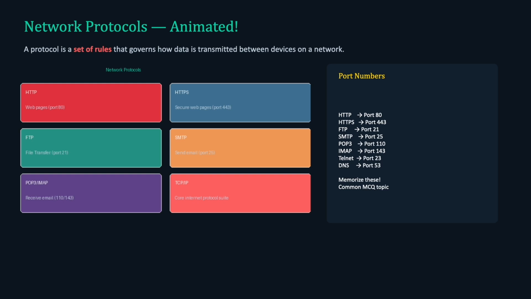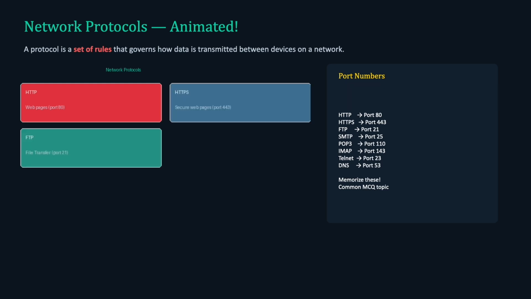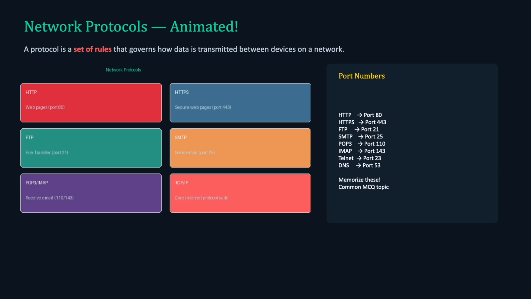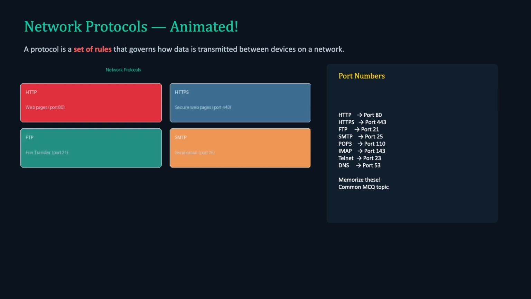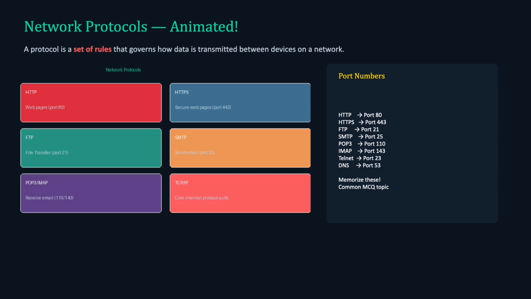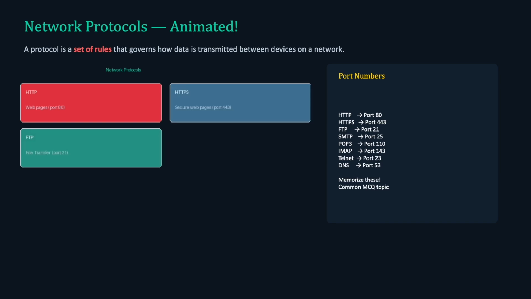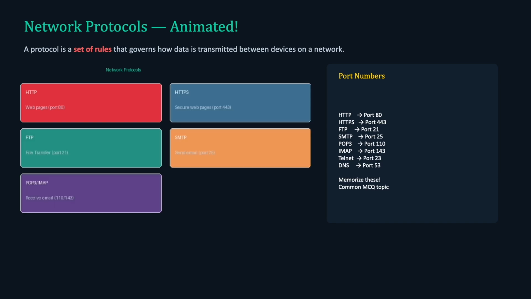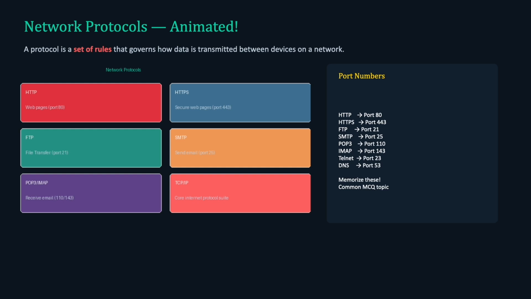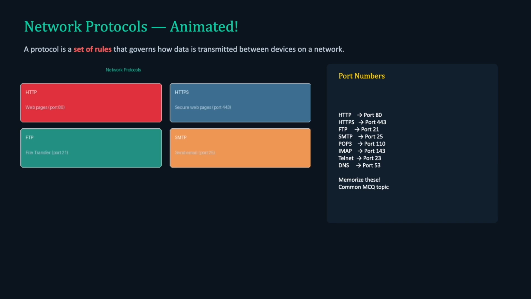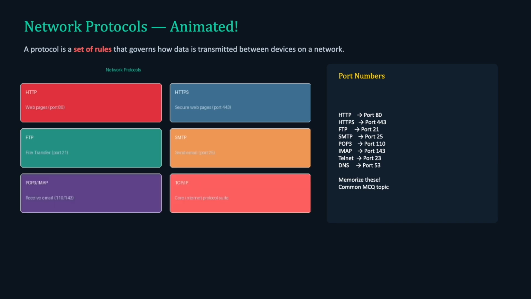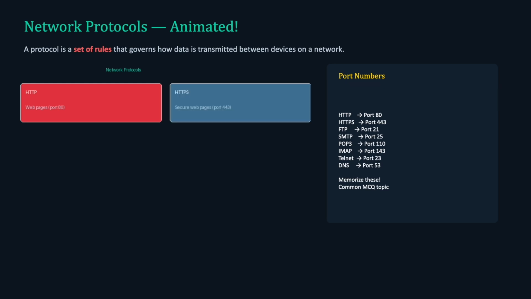File Transfer Protocol moves files between computers, uses port 21. SMTP sends email, uses port 25. POP3 and IMAP receive email, using ports 110 and 143. TCP/IP is a core protocol suite that makes the entire internet work. Memorize these port numbers, they are a favorite MCQ topic.